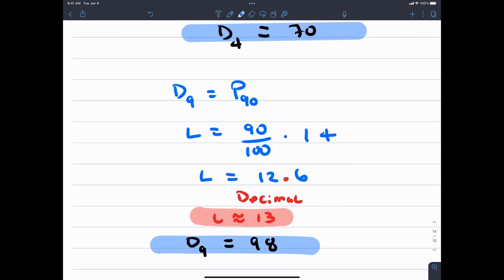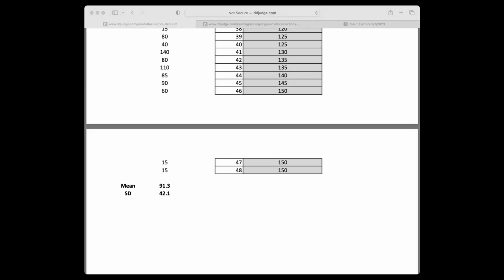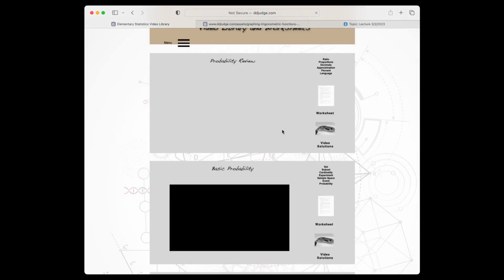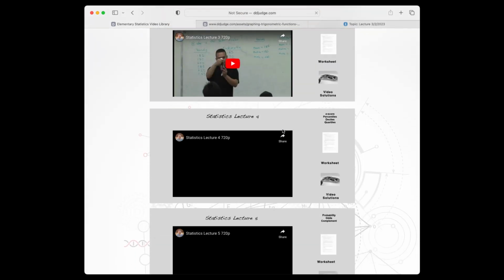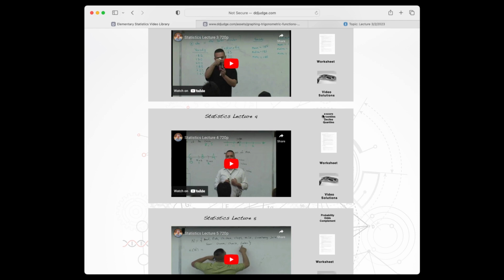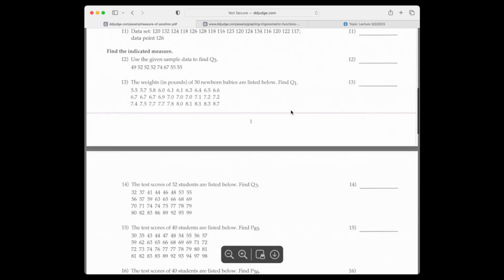So, ladies and gentlemen, what do you guys think? Are you better able, because if I go back here to the website, and I scroll out. Remember this, we're going to this website here, and this is relative position. So, notice this. Statistics Lecture 4, this worksheet is about everything we've been talking about.